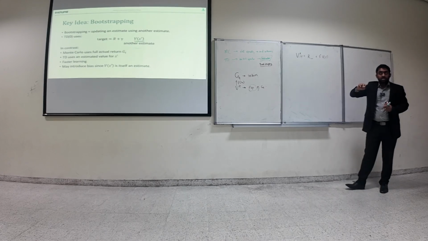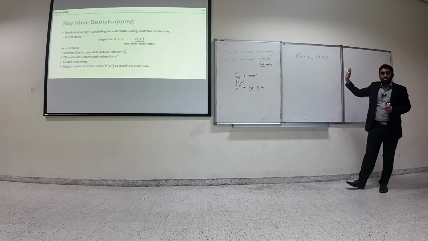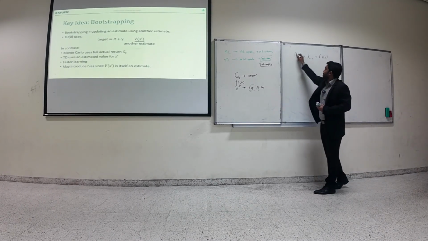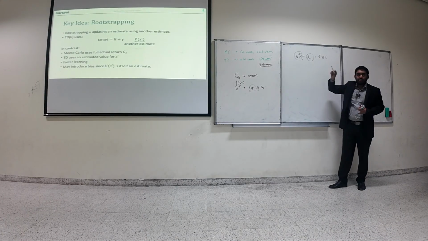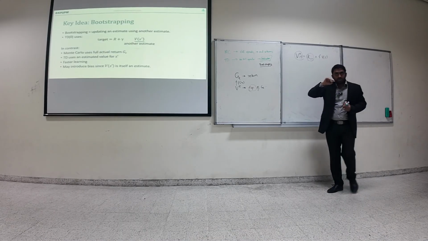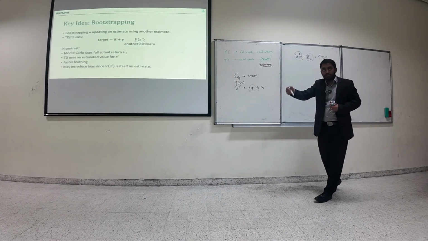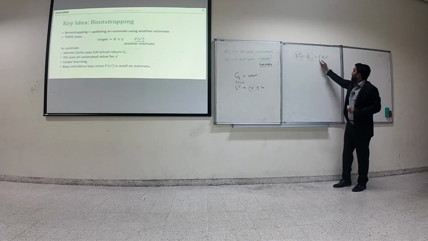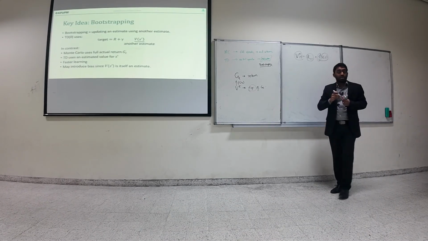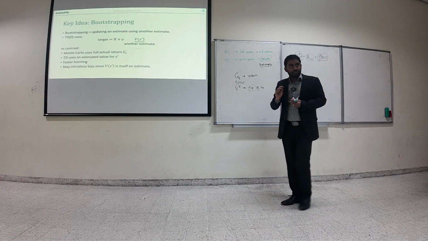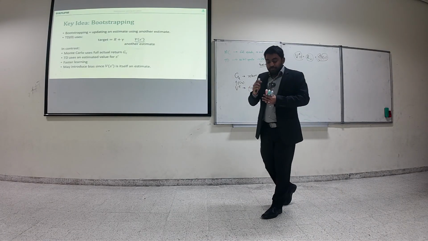Okay? This is exactly what it is mathematically. Your value function of your current state will be updated based on the immediate reward that you get from transitioning from state S to S prime, and then on whatever your expected value function is, the discounted value of that expected value function of that state. Okay?